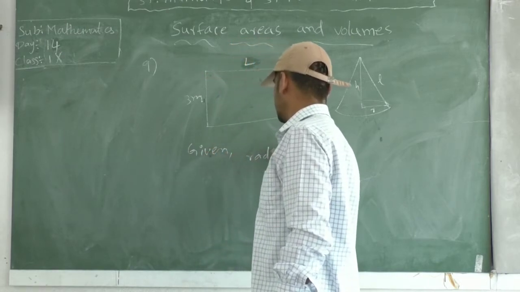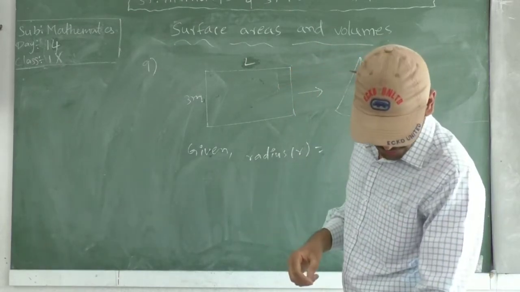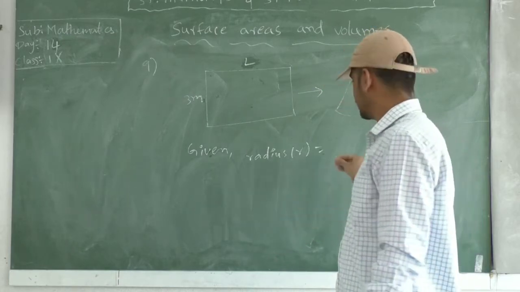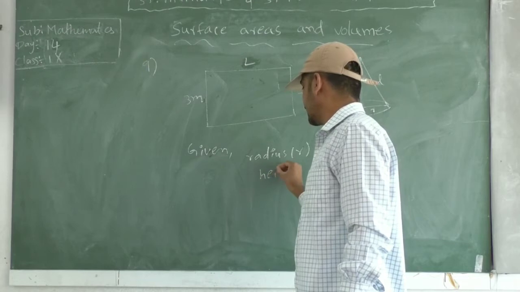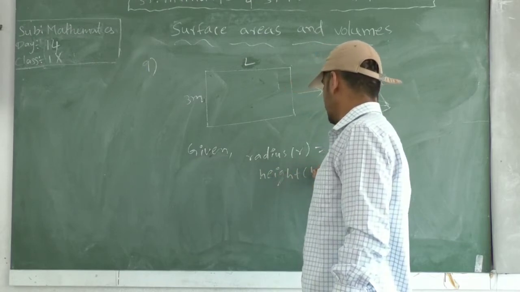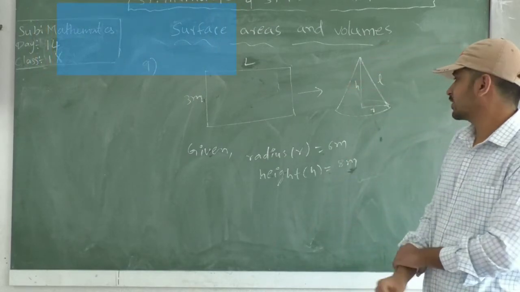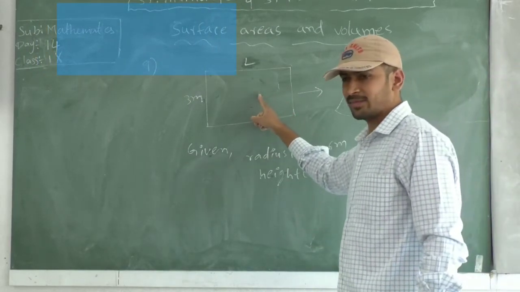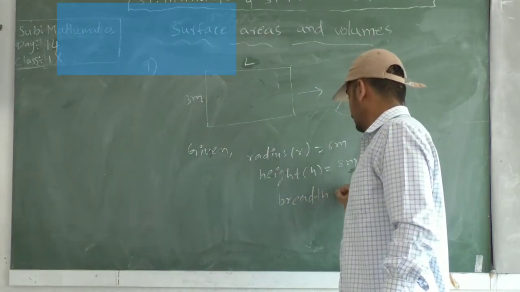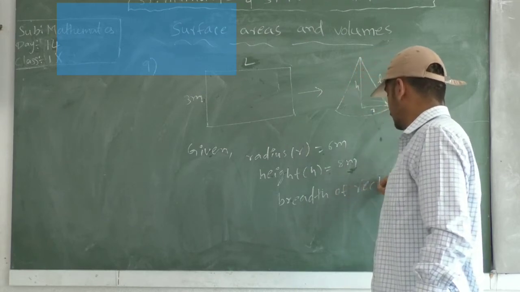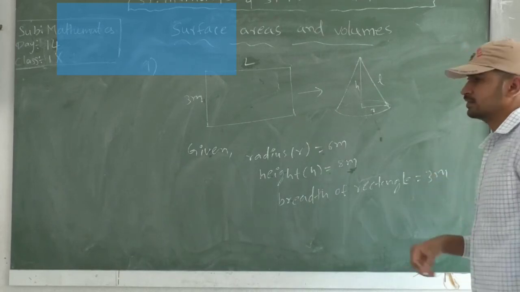Given: radius of the base, radius of the cone, R equals 6 meters. Next, the height of the cone is given, H equals 8 meters. One more thing is also given: the width of the tarpaulin, nothing but the breadth of the rectangle, equals 3 meters.